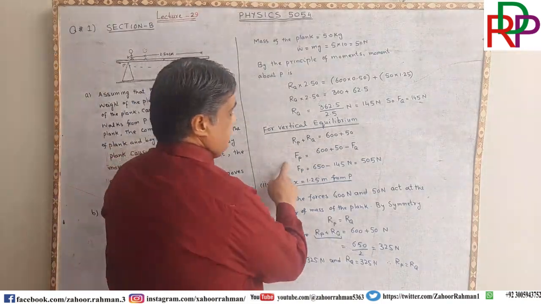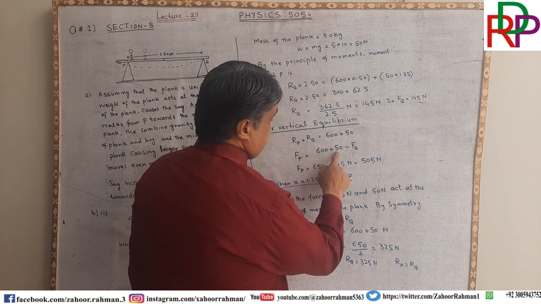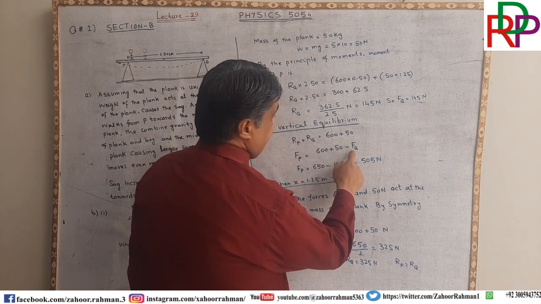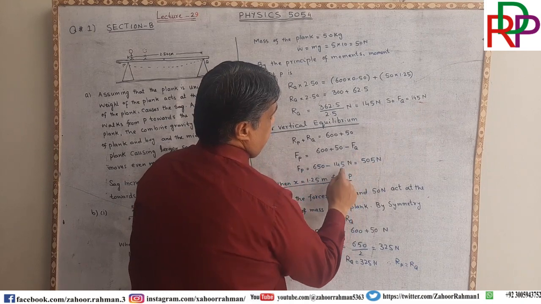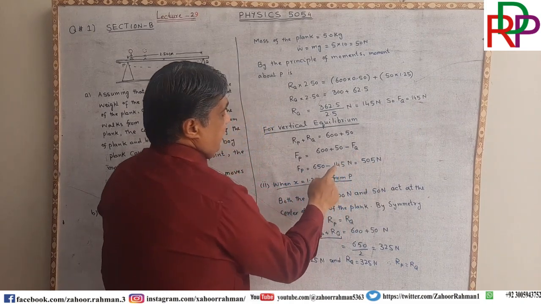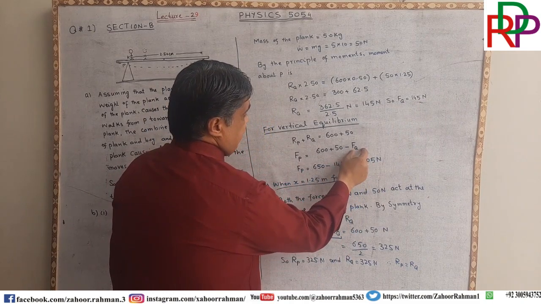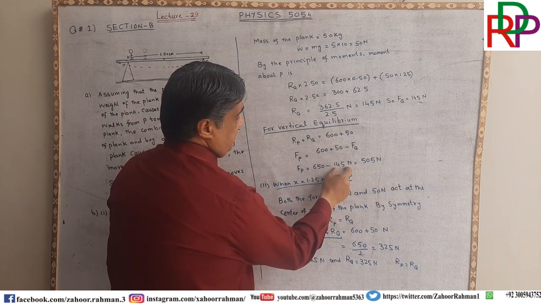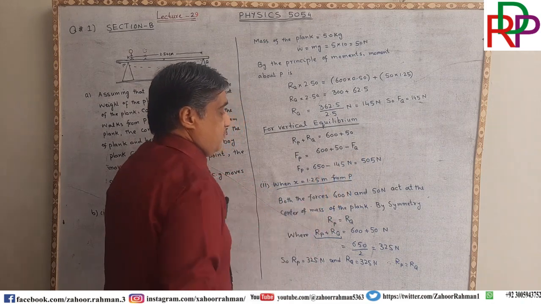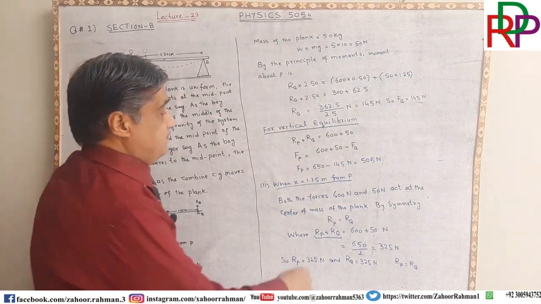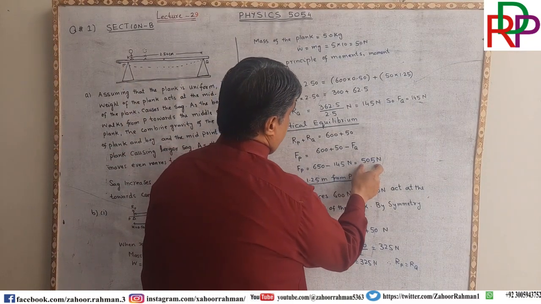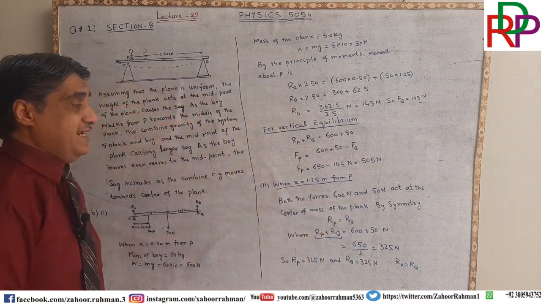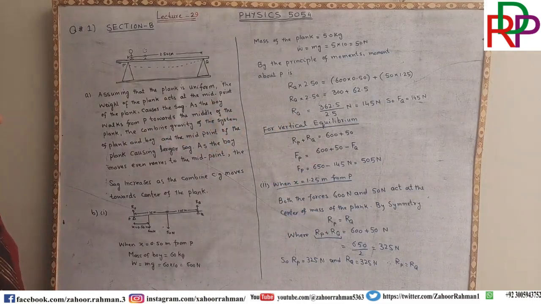So FP is equal to 650 minus FQ. We put the value of FQ as 145 Newton. When we subtract 145 from 650, it becomes 505 Newton, and that is the ultimate answer.